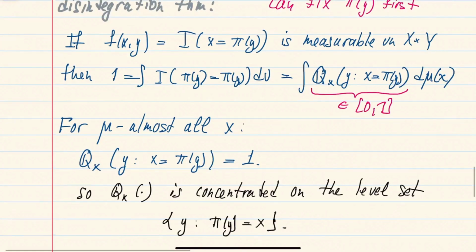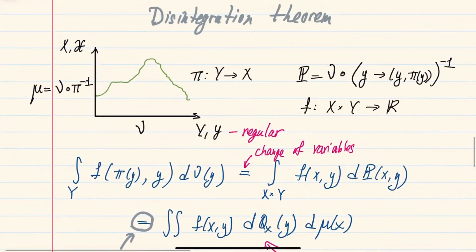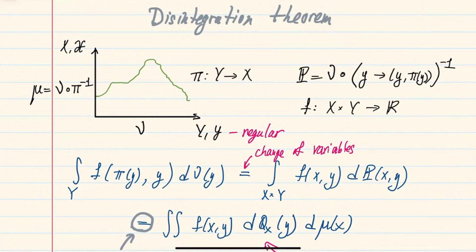Okay, so if we go back to this graph here and we say that we want to fix this function pi of y, right? So we take some point x here and we fix the level with this function here. And then the measure q on this slice, so we are defining this transition kernel q on that slice, will be concentrated on the level set, right, exactly on these points where the function pi takes this value.